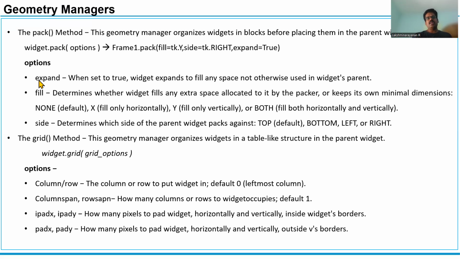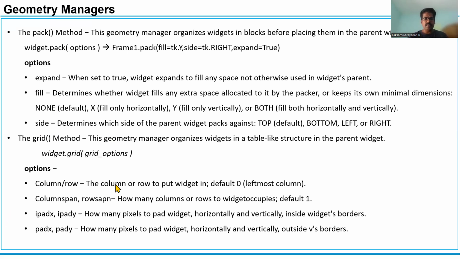When you are using expand, the widget size will expand and fill the colors of the whole box. And side is for moving left, right, top, bottom. And this is grid. When you are making multiple boxes, like rows and columns, then we can go with the grid format.